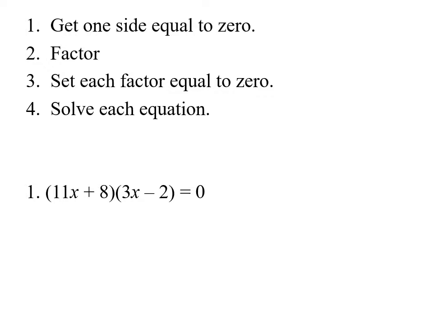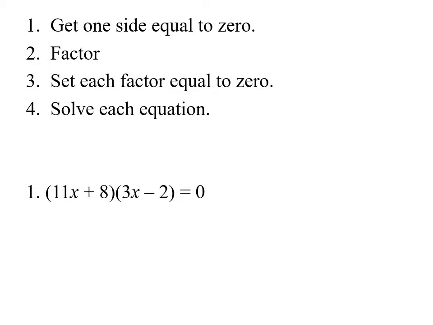You got to have 0 in the problem somewhere. Then we factor it, set each factor equal to 0, and then solve each one of them as a linear step. Now, sometimes you don't have to do each one of these steps. Like, for instance, you may not always have to get it set equal to 0 because it might already be set to 0. Or like in this first problem, it's already set to 0 and it's already factored.